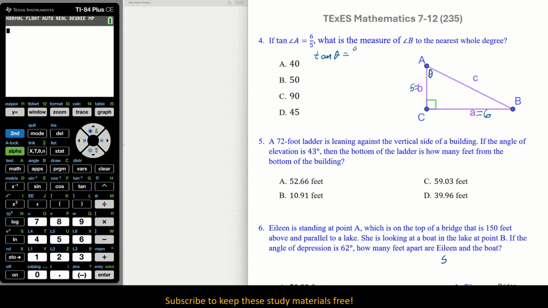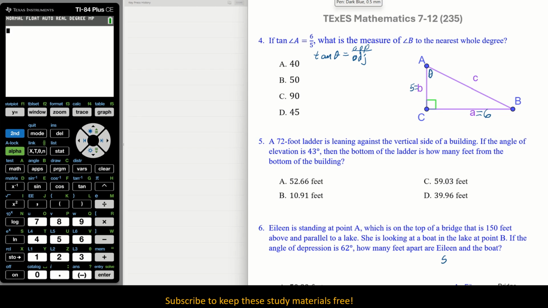Remember, it's opposite over the adjacent. Okay. So that gives us that. Okay. So it says, what is the measure of angle B?